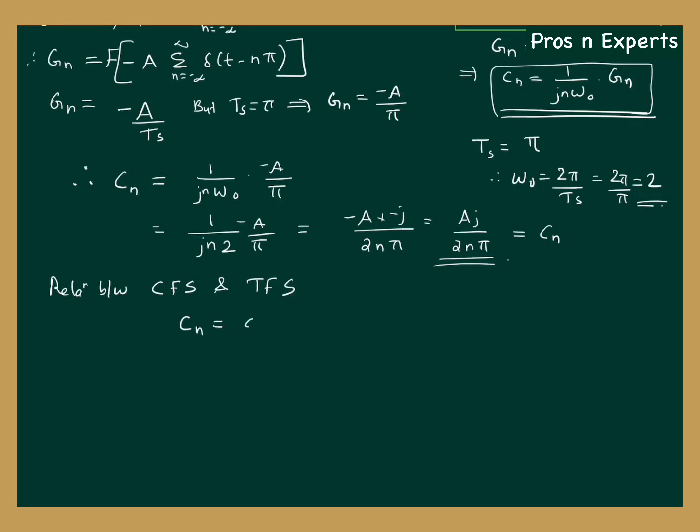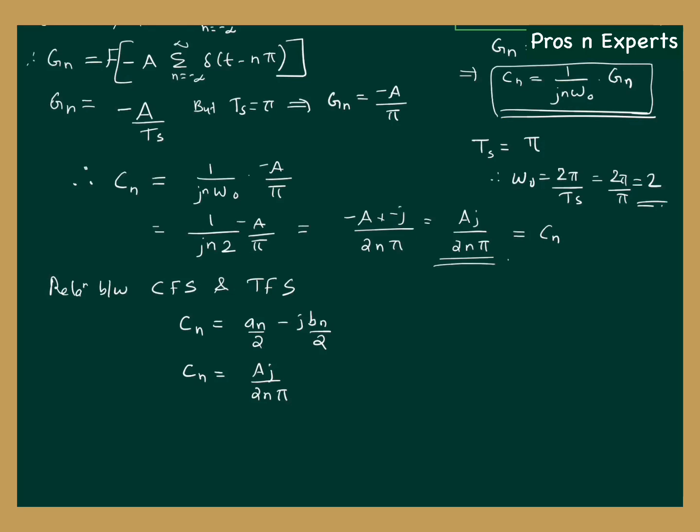The relation is Cn is equal to an by 2 minus j bn by 2, where an and bn are our trigonometric Fourier series coefficients, which I have already written the expression for in the beginning. Okay, so we have obtained Cn is equal to Aj by 2n pi.